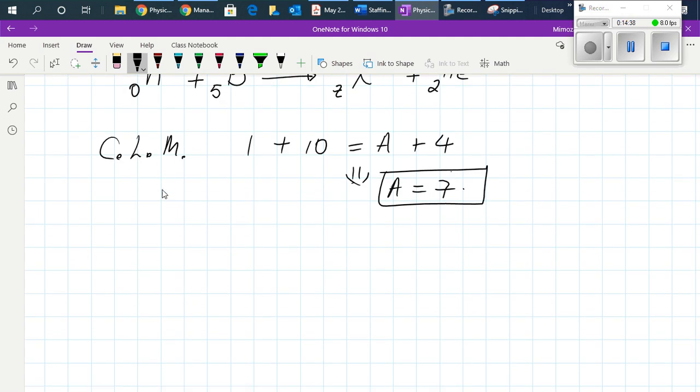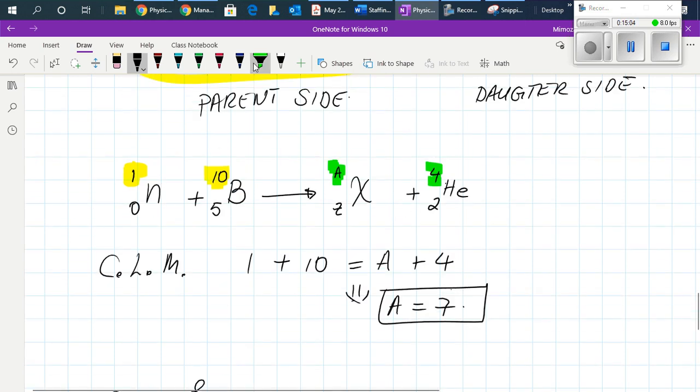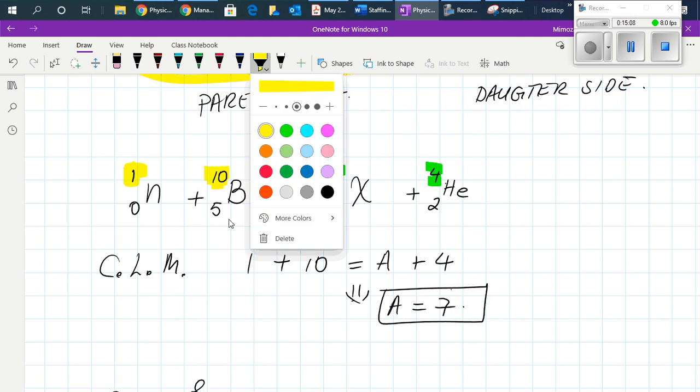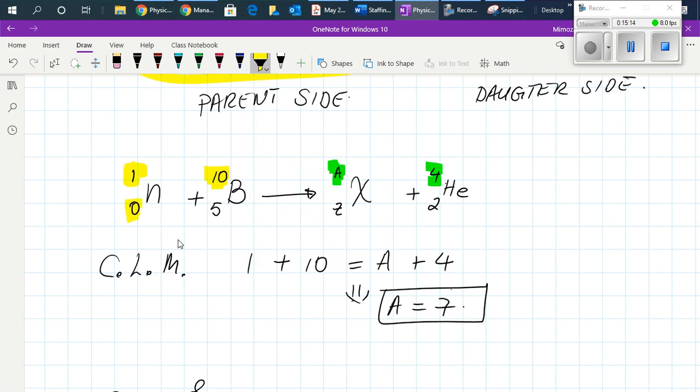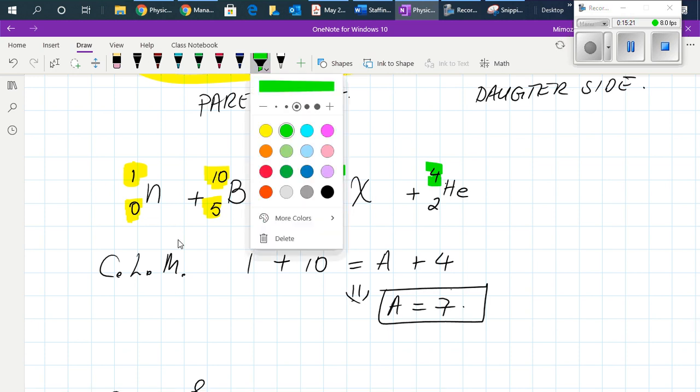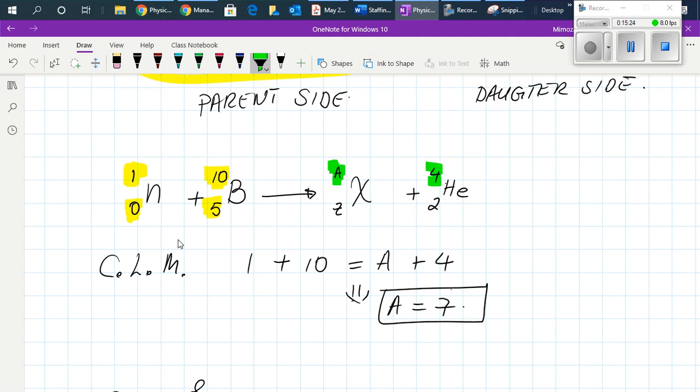Now let's apply the conservation law of charges, which is saying that the sum of the atomic number on the parent side is equal to the sum of the atomic number on the daughter side.